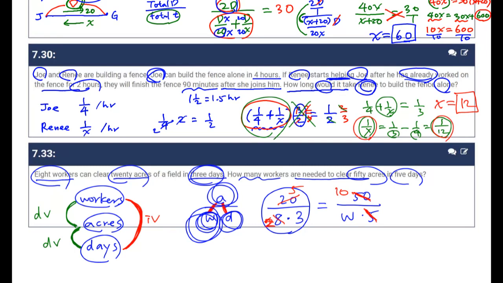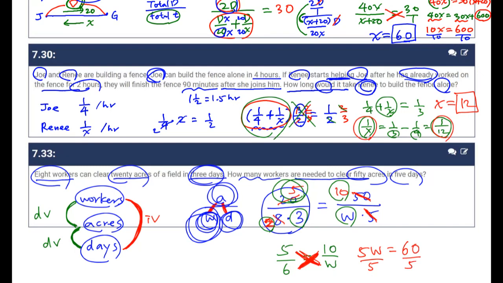So overall it will be 5 on the top over 2 times 3, that's 6, equals 10 over W. Cross multiply. 5W should equal 60. And if I divide both sides by 5, W will equal 12, right? So that's the final answer for number 33.